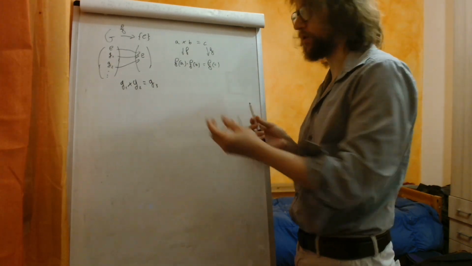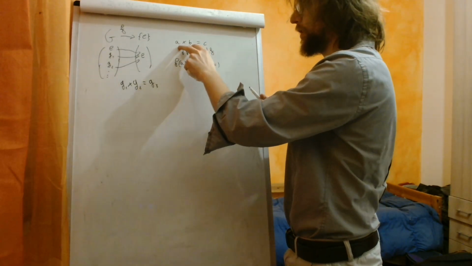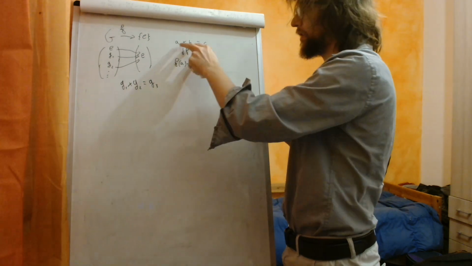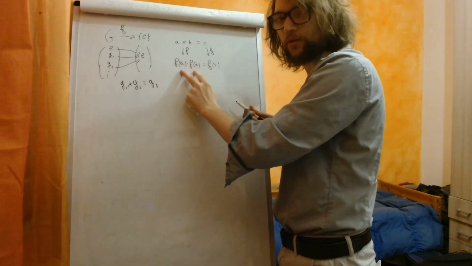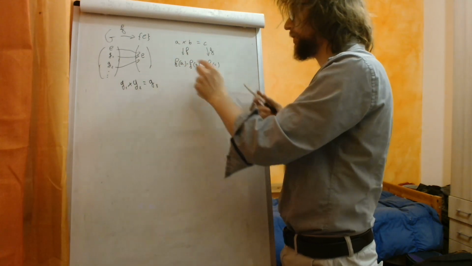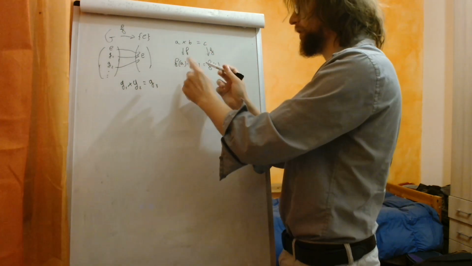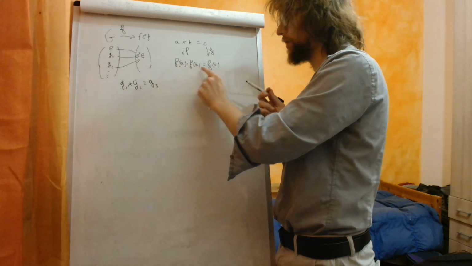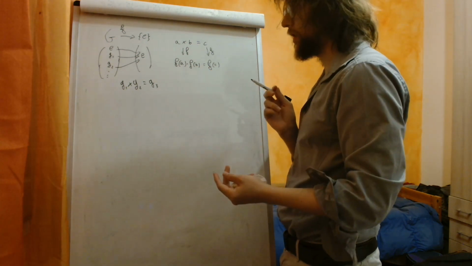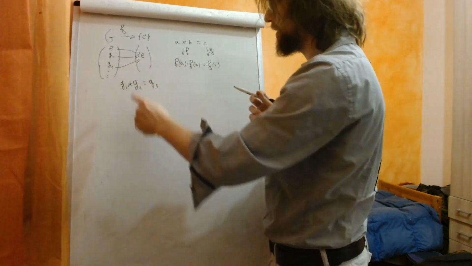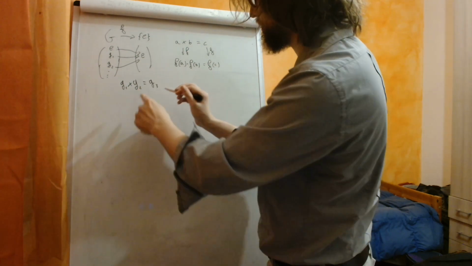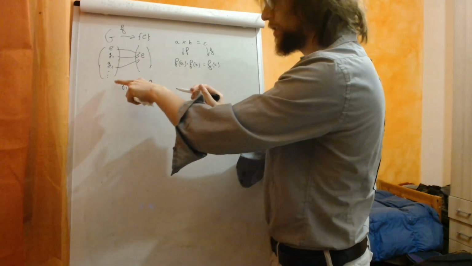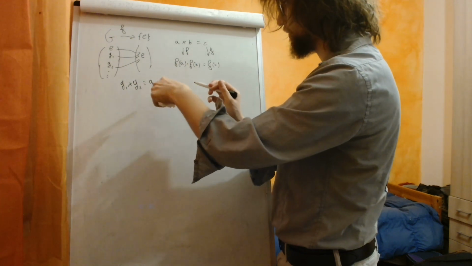In a homomorphism you can do operations in this and in parallel, and this is like doing operations on this, right? So you can do A times B equals C, or also F of A times F of B equals F of C. If everything goes to the identity element, then this operation can be done here as D1 times D2 equals D3.